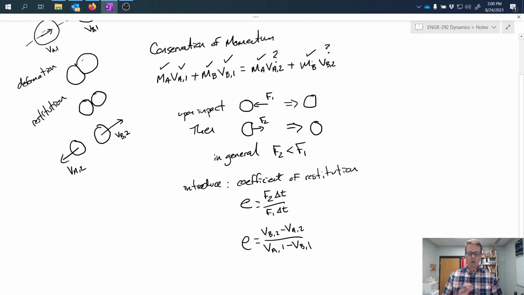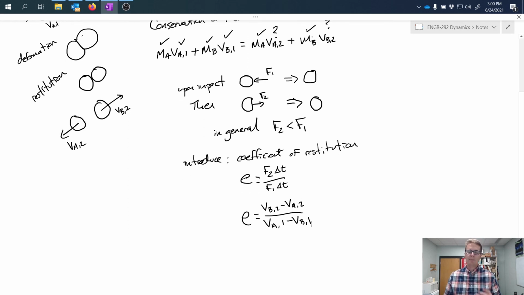So again, really what we're doing is we're measuring the relative loss of energy, with some terms being crossed out if we were to go through the derivation of this. The relative loss of energy between the before the impact and the after the impact states. So this equation gives us another equation on the basis of the velocities that we could make use of. Now, of course, for this to work, we need to know the coefficient of restitution, right?